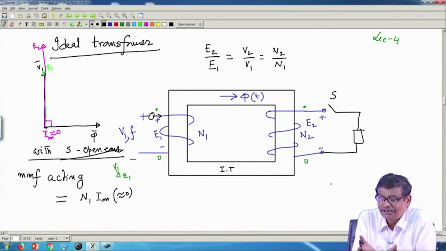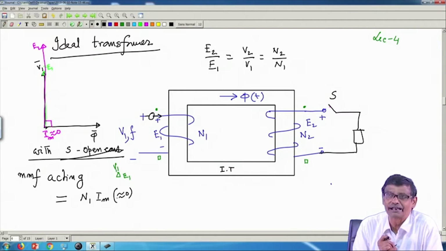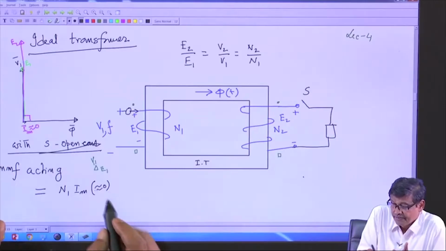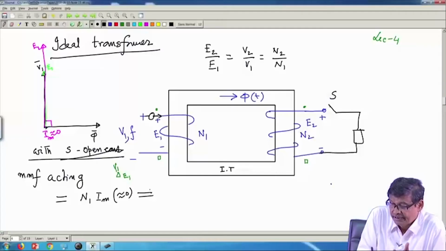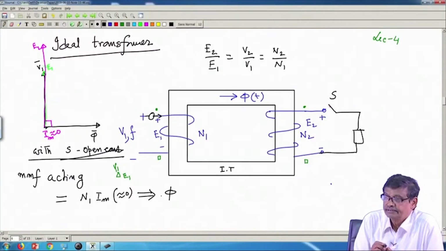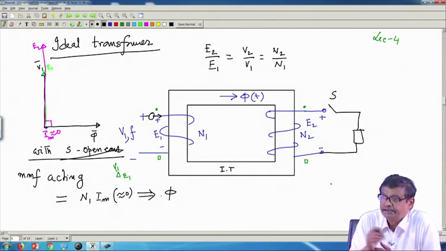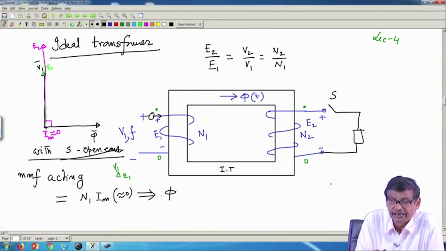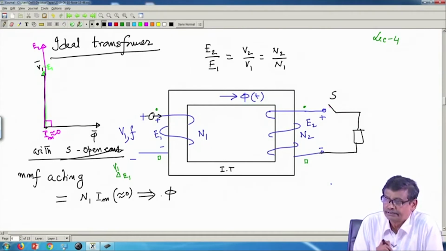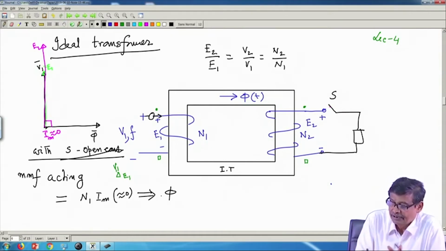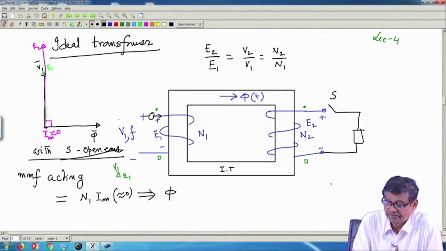Is it not, that was the net MMF which was acting, and this MMF created a flux phi. N1 Im by reluctance, N1 Im created the flux phi in the core.